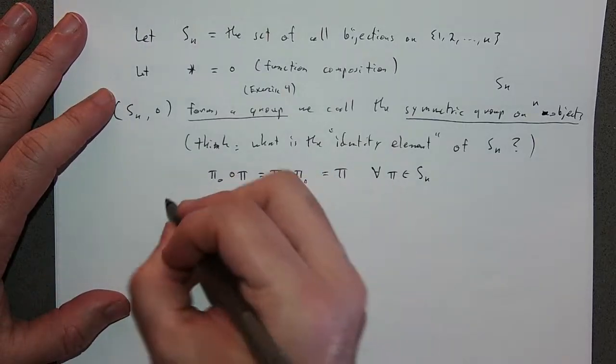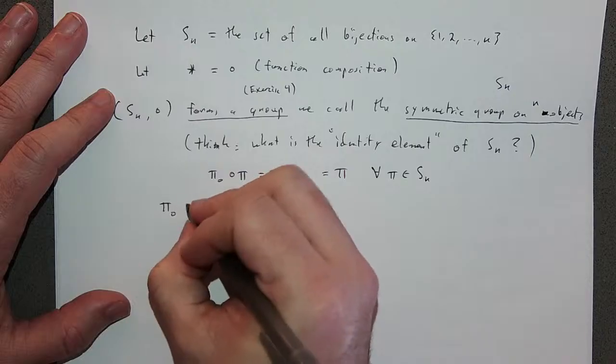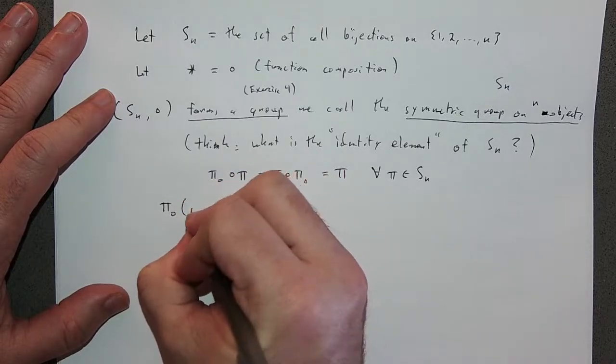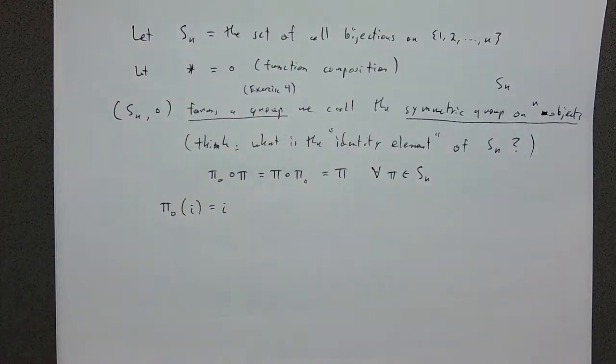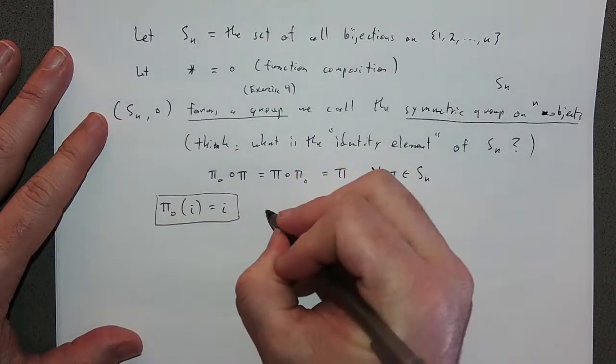Turns out that this pi naught is the permutation that sends every object to itself. This is the identity permutation.